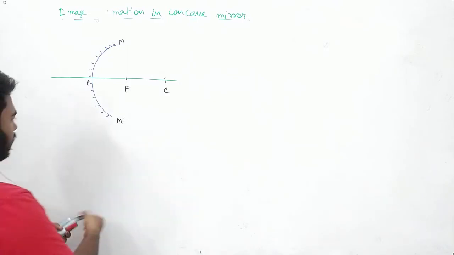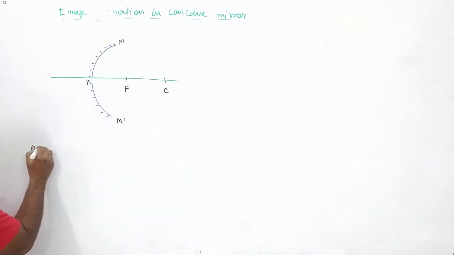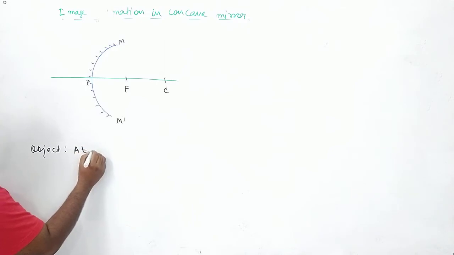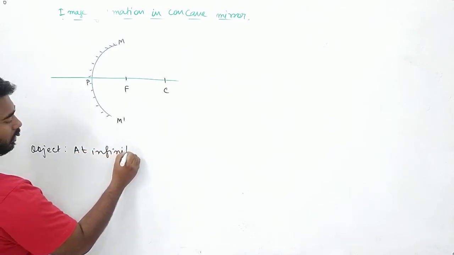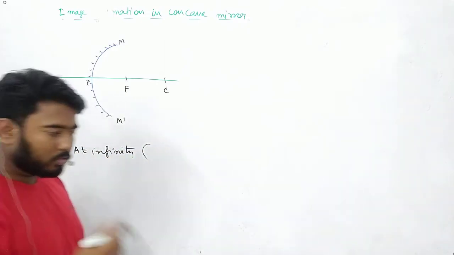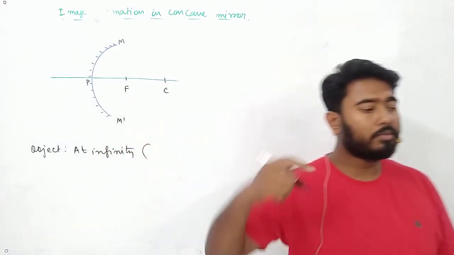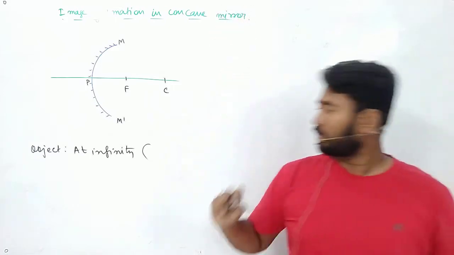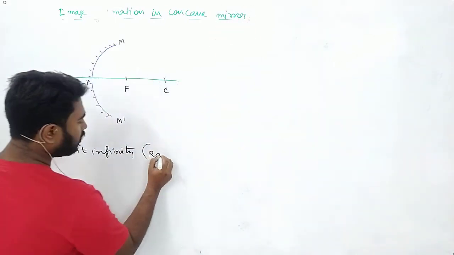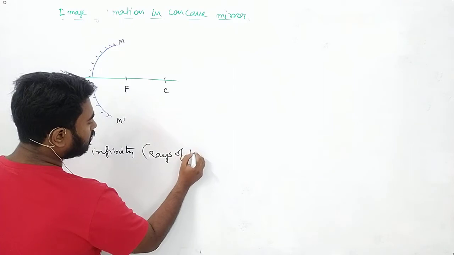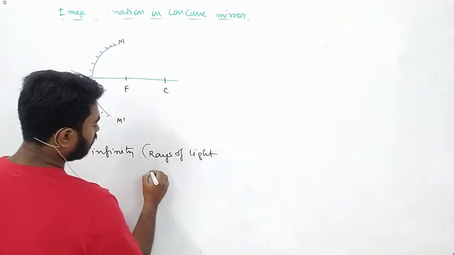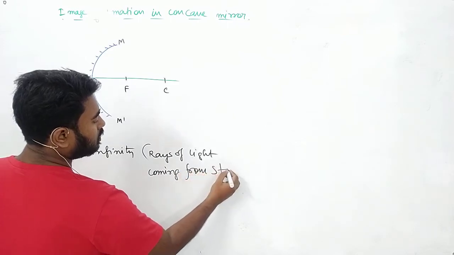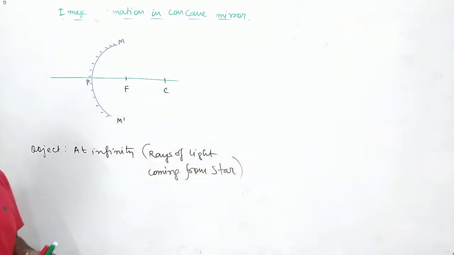Now our first case is: the position of the object is at infinity. An example will be rays of light coming from stars, not from the sun.